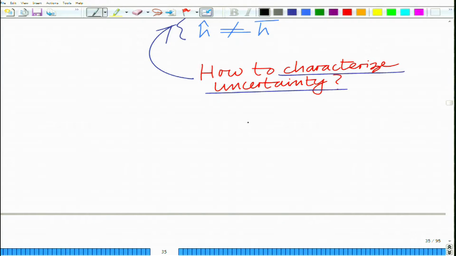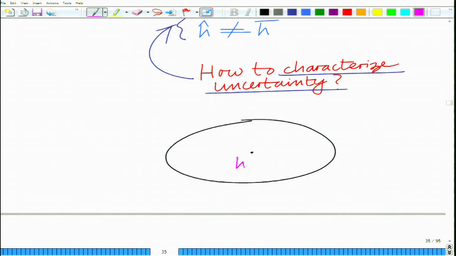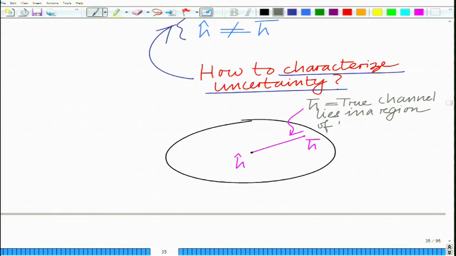This is where the application of the ellipsoid comes in. If you consider an ellipsoidal region with the known estimate as the center, then h bar, the true channel, lies in this uncertainty region around h hat, which is the estimate.